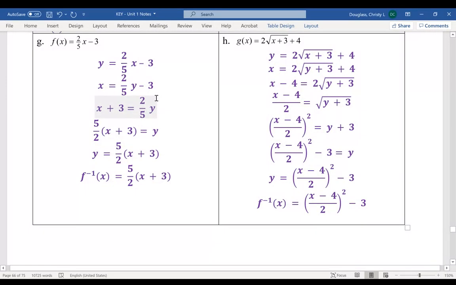Then, to get rid of the fraction 2/5, I multiply both sides by the reciprocal of 2/5, which is 5/2. I have now isolated y. y is equal to 5/2 times (x plus 3). This is my inverse, f inverse of x.